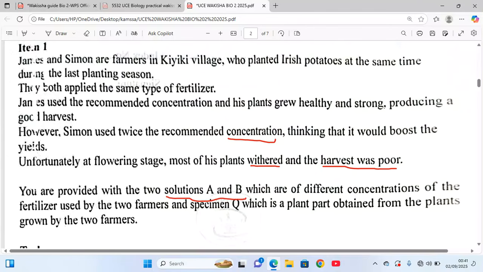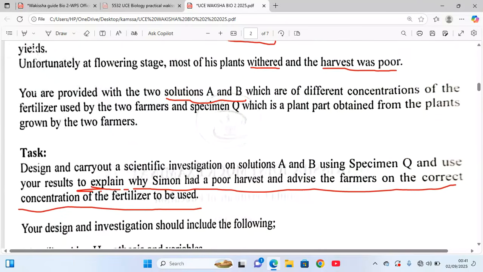James used the recommended concentration and his plants grew healthy and strong, producing a good harvest. However, Simon used twice the recommended concentration, thinking that it would boost the yields. Unfortunately, at the flowering stage, most of his plants withered and the harvest was poor.